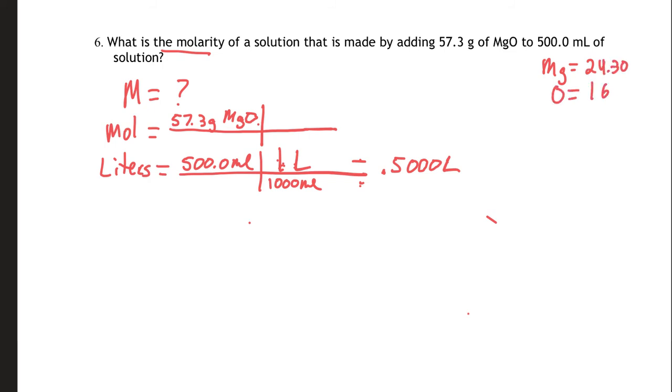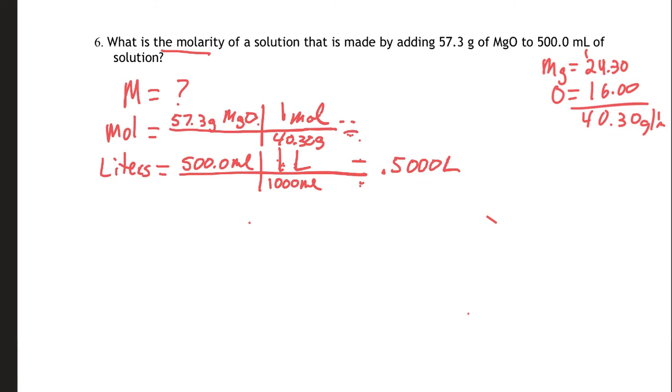Oxygen is 16. Add them together. Looks like I'm going to have 40.30 grams per 1 mole. So down here it's going to be 40.30 grams per 1 mole.